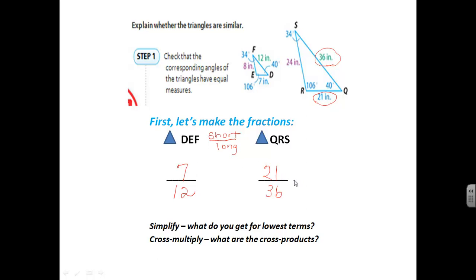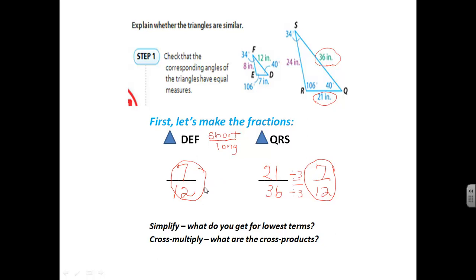But if you look at 21 and 36, the numerator and the denominator both divide by 3. 3 goes into 21 7 times, and 3 goes into 36 12 times. So what do you notice about these two fractions? They are equal. So that means that these two triangles are similar according to side lengths. The side lengths are proportional.